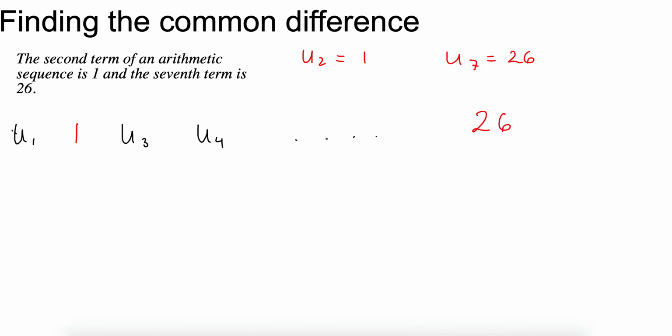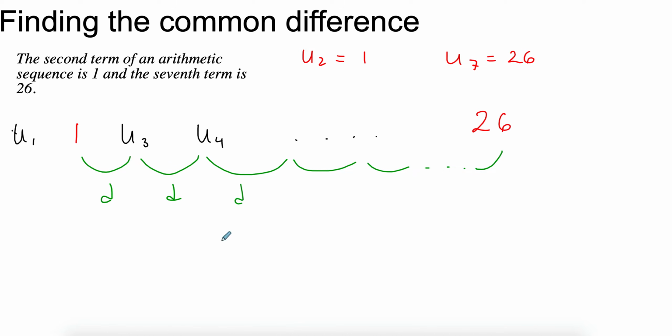And there's a specific number, the common difference, that I've been adding consistently from 1 until I got to 26.